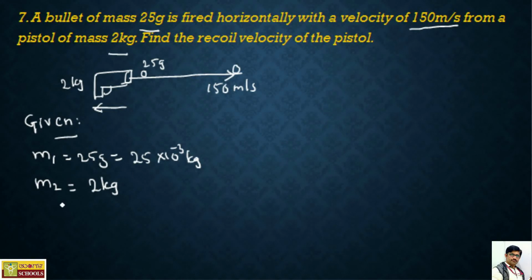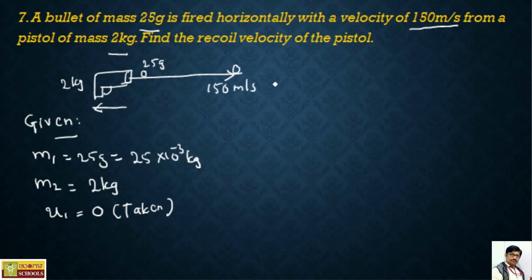Okay. Next point, the initial velocity of the bullet. I'll take the initial velocity u1 is equal to 0. That is the initial velocity of the bullet, taken from our understanding. When you are firing a bullet from a pistol, initially its velocity is 0.